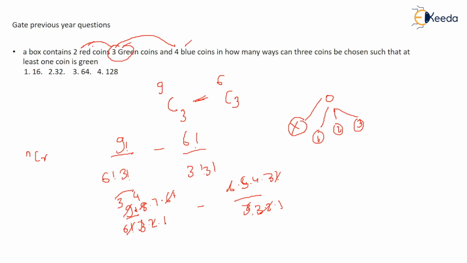After that, 3 into 4 is 12, 12 into 7 is 84, right? From 84, if you minus 5 into 4, which is 20, you get 64. So 64 is the number of cases where at least one is green, at most all are green. So we find this: 64 is the right answer.